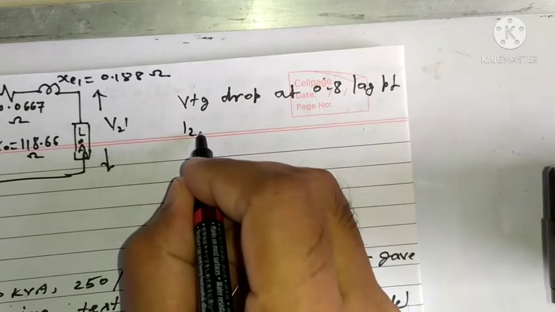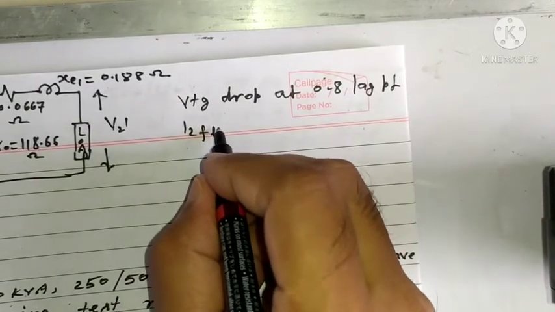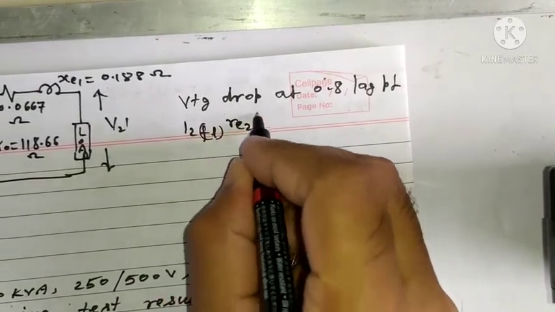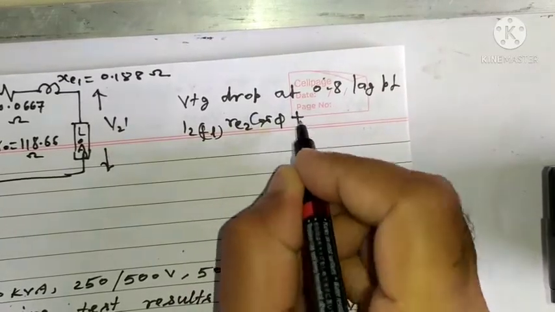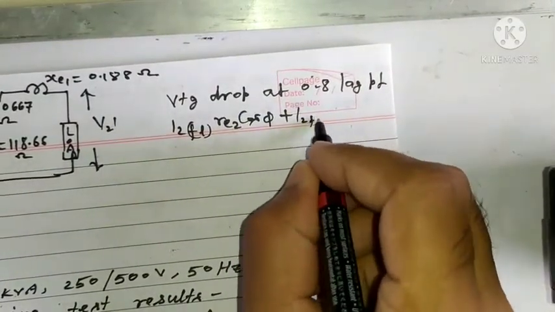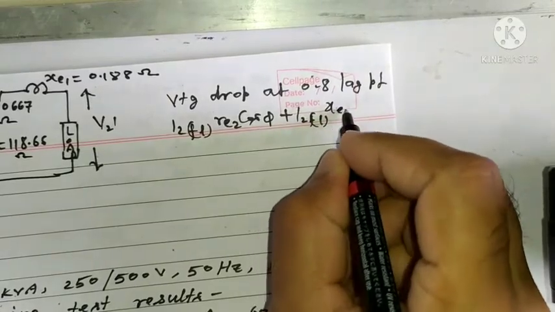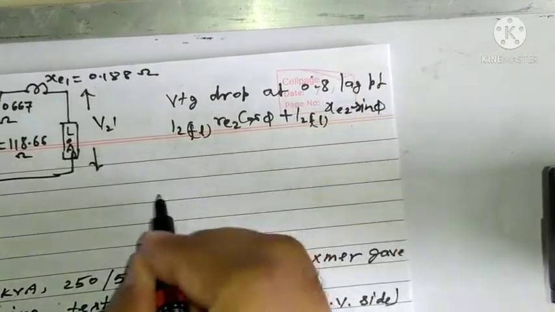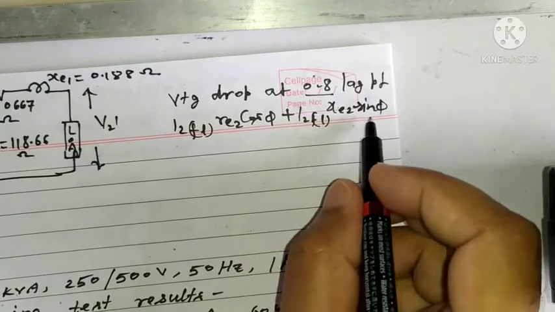Referred on the secondary, it will be I2FL Re2 cos phi plus I2FL Xe2 sin phi. Cos phi is 0.8, sin phi will be 0.6.